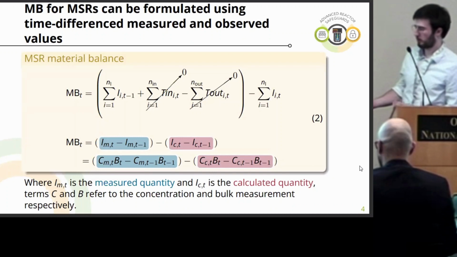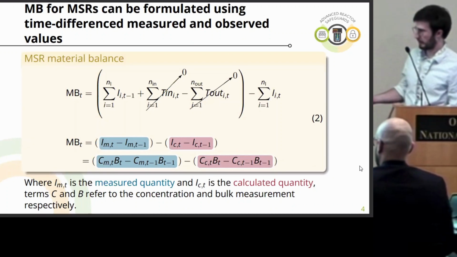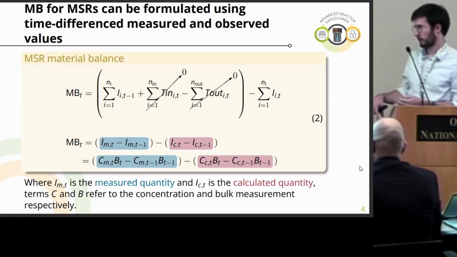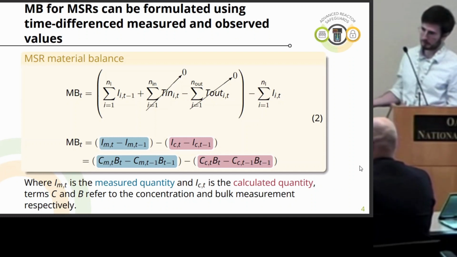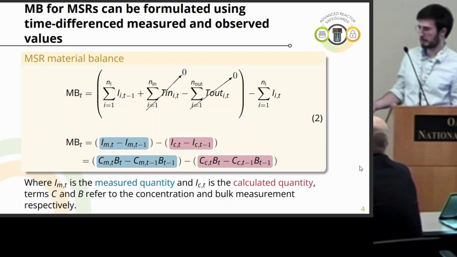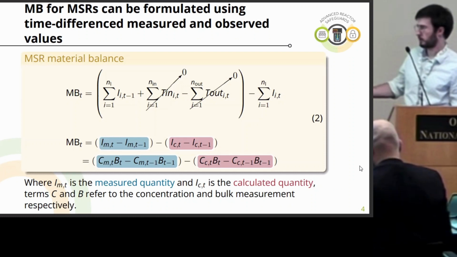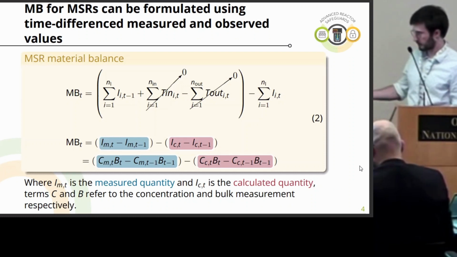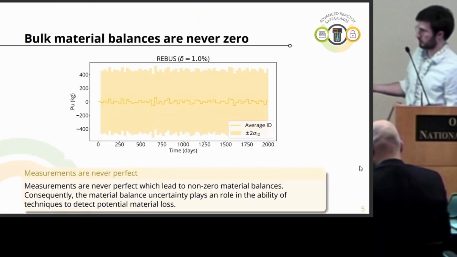So what we decided is you would have to have some sort of calculated quantity, right? You would use something like SCALE to periodically calculate what your expected inventory is, and you'd compare that to what you've actually observed using a variety of measurement systems, right?